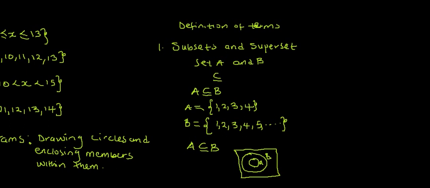The next term I want us to understand is what we call cardinality. When we are talking about the cardinality of a set, we are talking about the total number of elements found in the set.